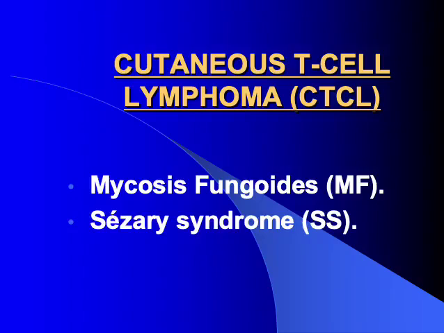Another form of T-cell lymphoma is cutaneous T-cell lymphoma. There are two forms: mycosis fungoides, which is primarily the skin form of the lymphoma, and Sézary syndrome, which is characterized by circulating lymphoma cells, which are the Sézary cells.